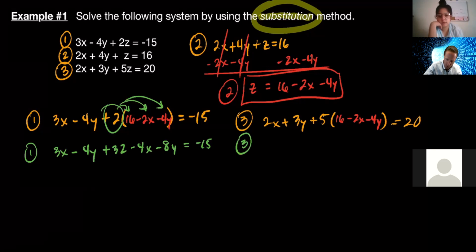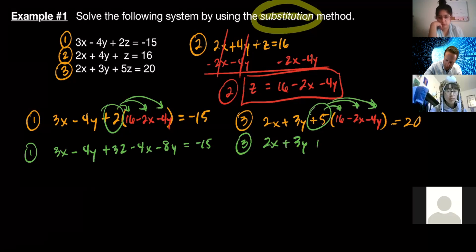And then the third equation, I'll do something similar, but now I'm going to distribute the 5. And we know 5 times 16 is 50 and 30 for a total of 80. Negative 10x, negative 20y still equals 20.